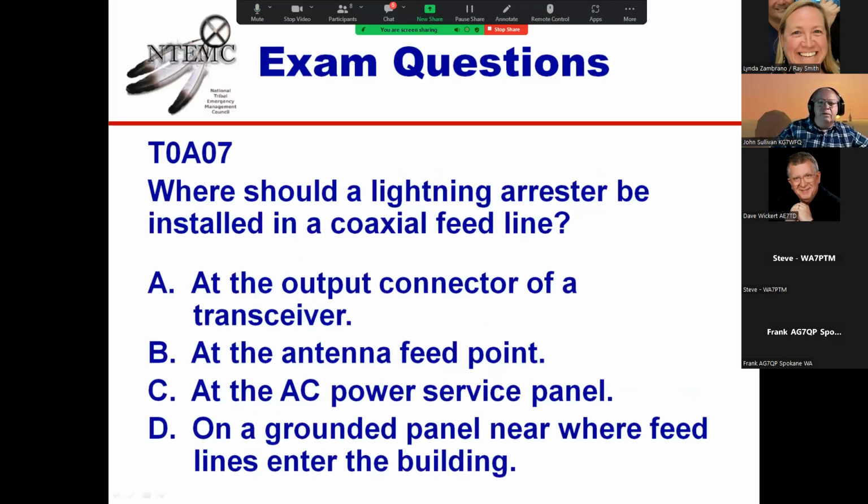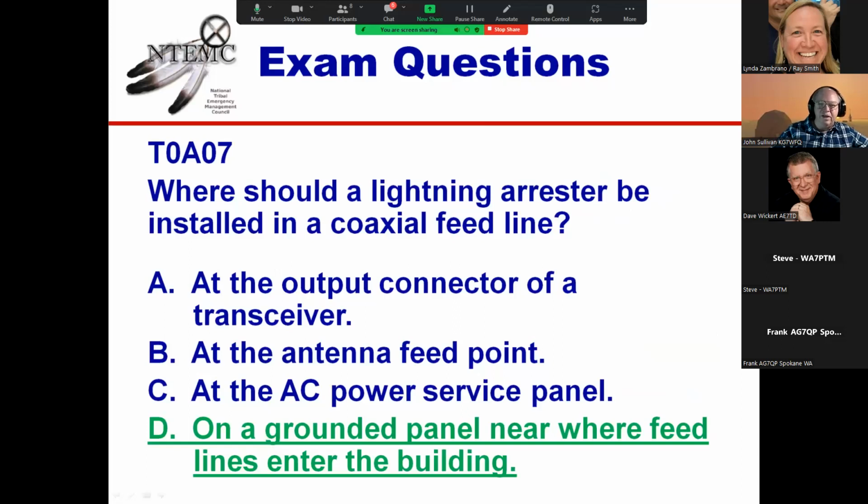Where should a lightning arrestor be installed in a coaxial feed line? Well, we talked about that at the very beginning of this section. It's going to be on a grounded panel near where the feed lines enter the building. You want to keep the lightning out of the building. If we're at the output connector of the transceiver, it's already too late. You've already got it flowing into your shack.